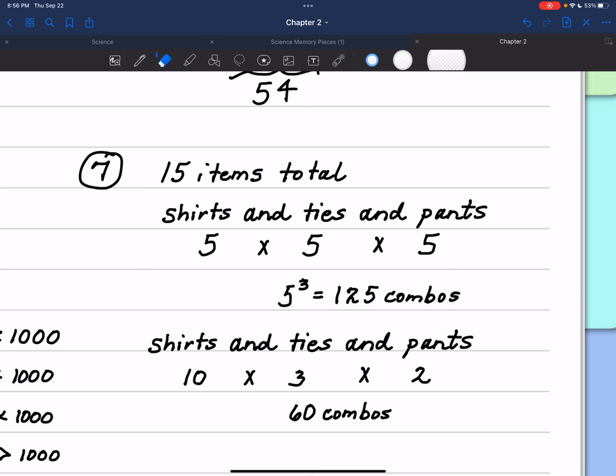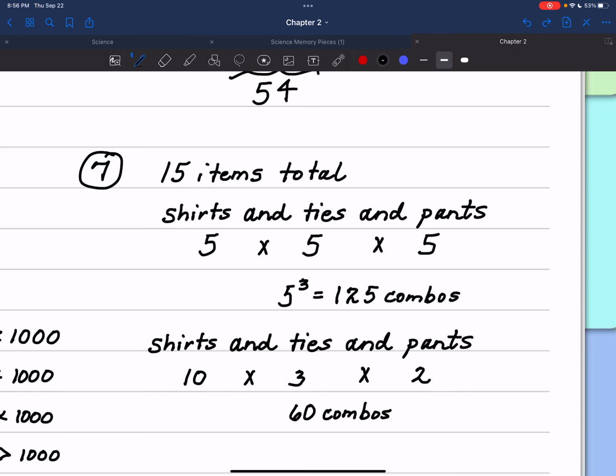In this one, 10 plus 3 plus 2 is 15. He could have that many items. But by limiting the ties and pants, he can only wear 1 pair of pants at a time and 1 tie at a time. Or he could, I guess, wear more than one, but that doesn't fit the problem. It's better to spread them equally than to really stock up on one, if that makes sense.